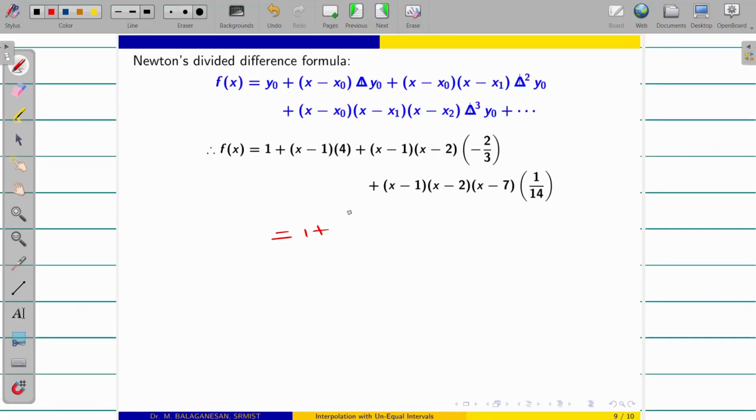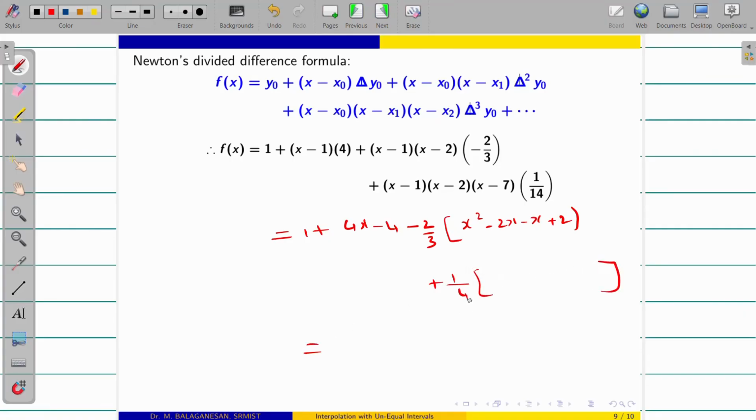1 plus, multiply this here, 4x minus 4, multiply here, that is minus 2 by 3. There is a negative sign, minus 2 by 3 into multiply this, x square minus 2x minus x plus 2. Similarly, plus 1 by 14, multiply all three things.